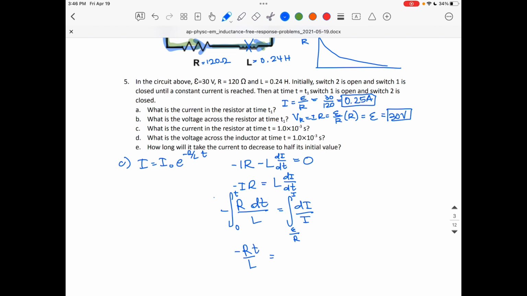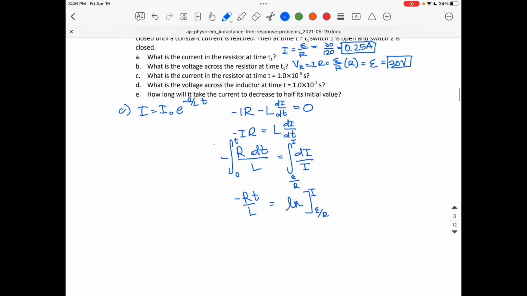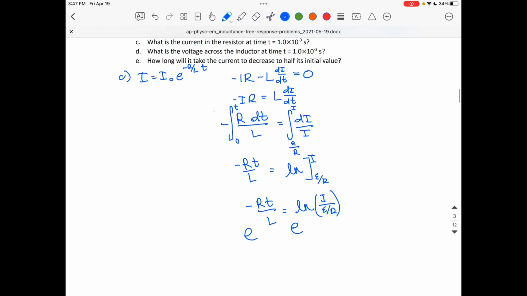And then on the right side, we have ln, and our limits are from I to EMF over R. So negative Rt over L is equal to ln of I over EMF over R. And then we take e of both sides.